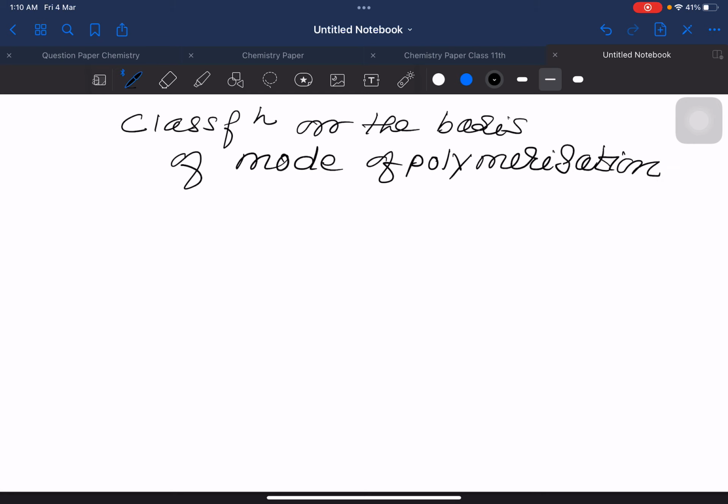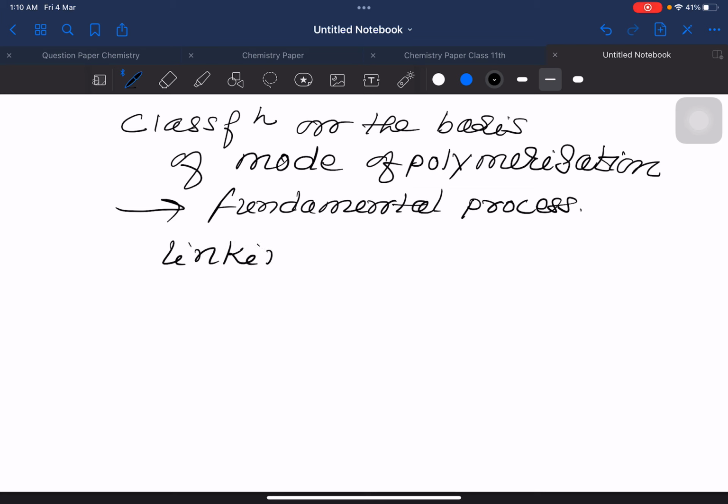Polymerization is the fundamental process by which low molecular mass compounds are converted into high molecular mass compounds by linking together repeating structural units with covalent bonds.